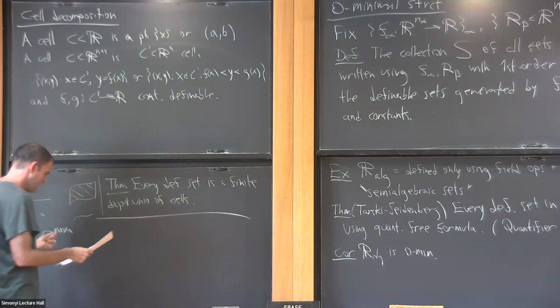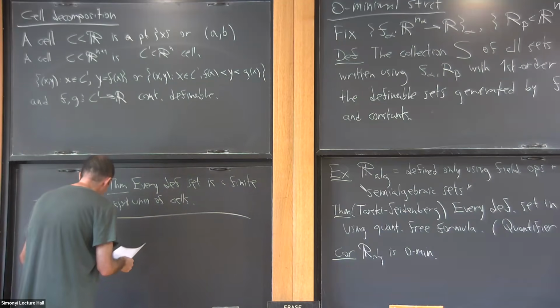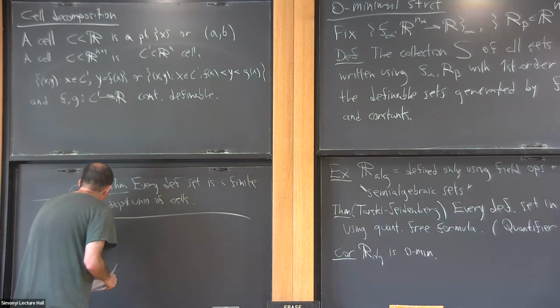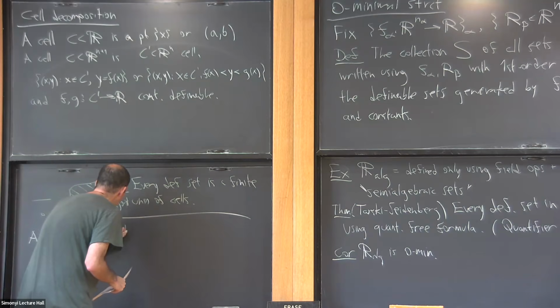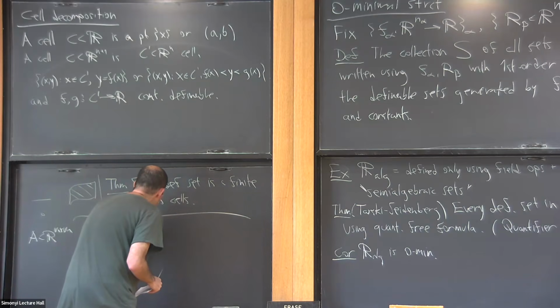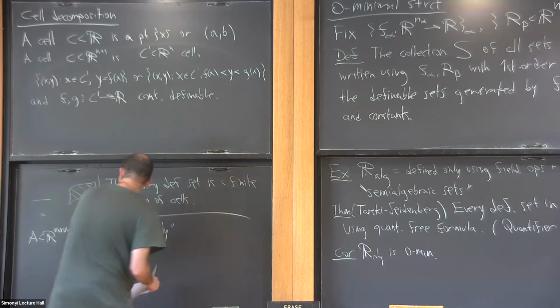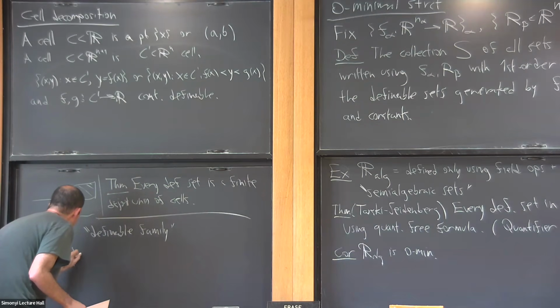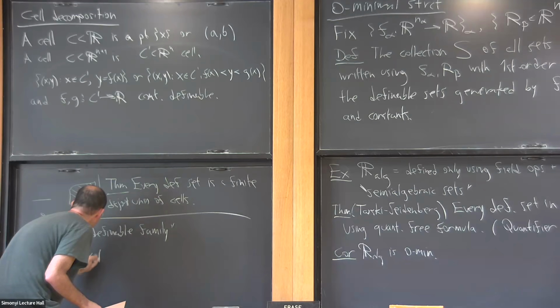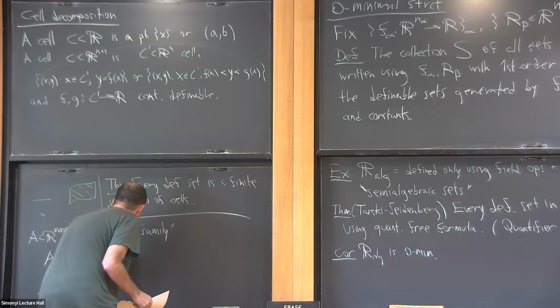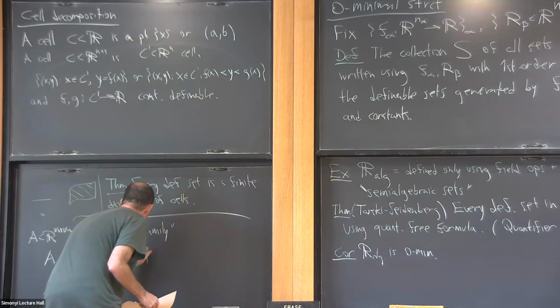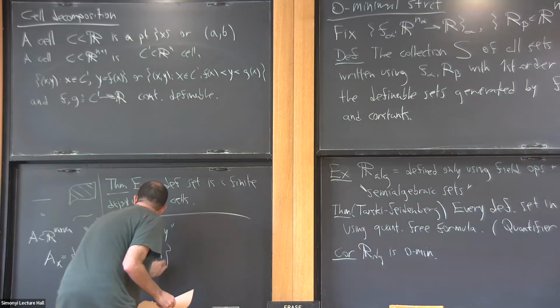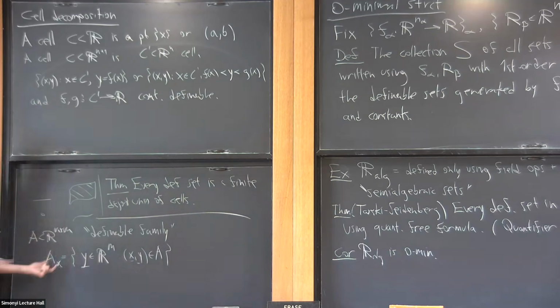So we call it a definable family, where the fibers A_x are the y in R^m such that (x,y) is in A. We just think about it as a family of fibers.